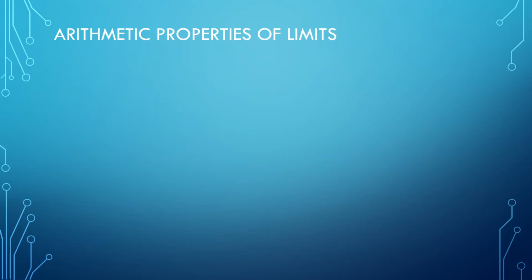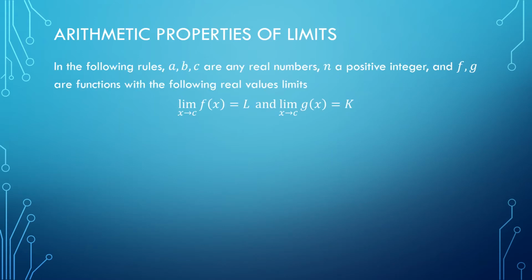So for example, if you think about y equals x squared as a parent function, the parent parabola, you can create a new function by multiplying together two old functions, and x squared is just x times x. So we actually don't need any more parent functions than have just been listed, but now we're going to look at how arithmetic works with limits. And usually it works in the most straightforward way possible.